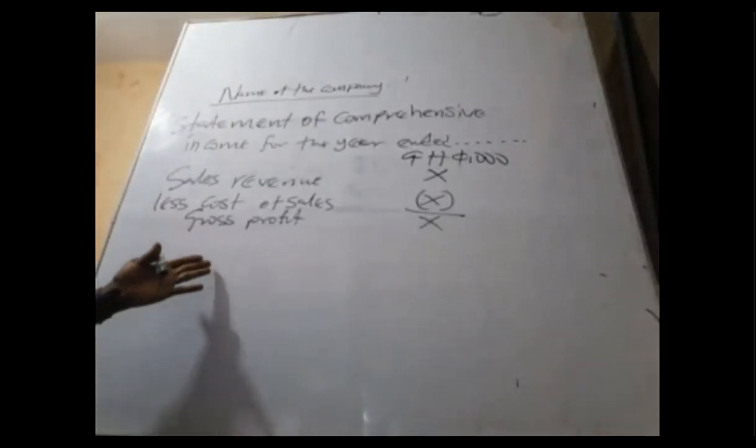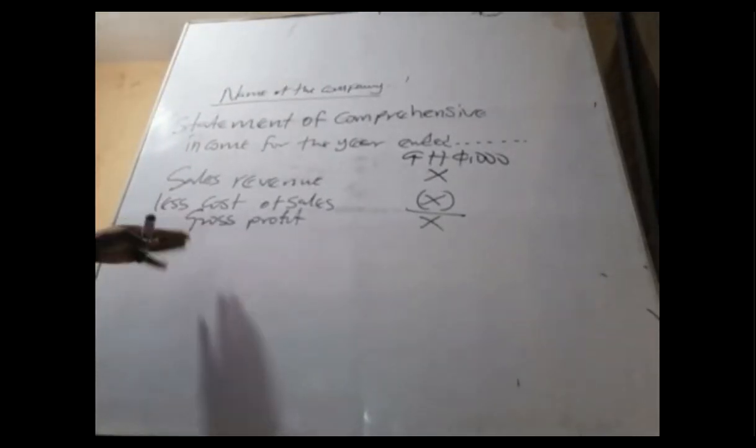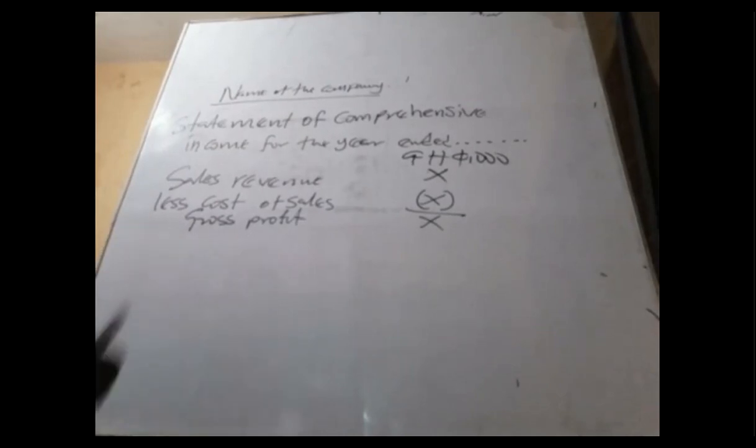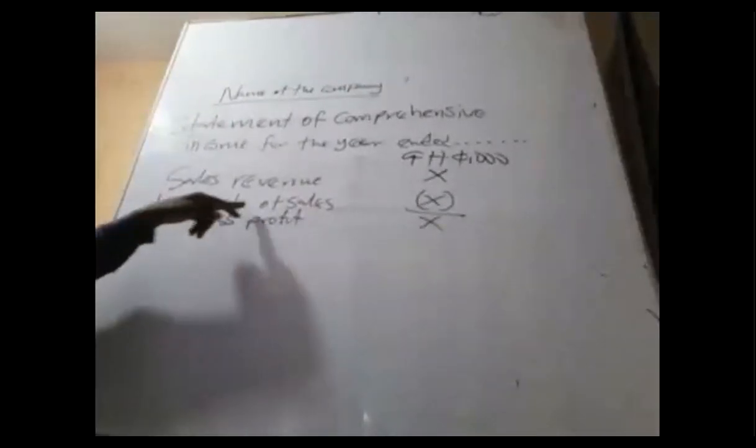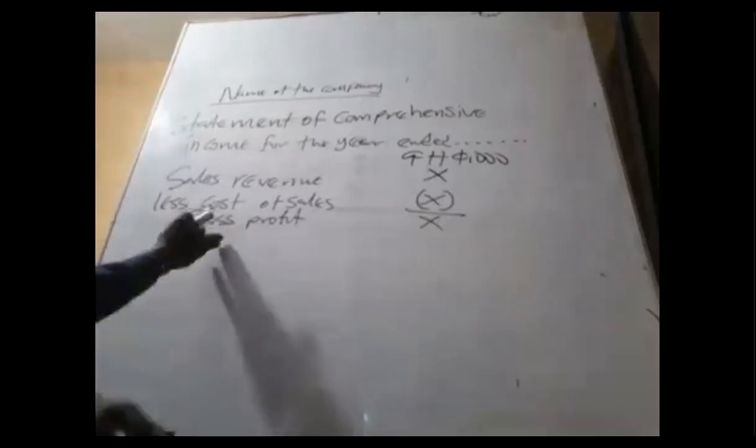Okay, so from gross profit, there are a number of versions. As and when we start solving questions, I'll probably walk you through some 3 versions of this. So from here, sales is a direct revenue or direct income. Then you subtract direct cost to give you direct profit.